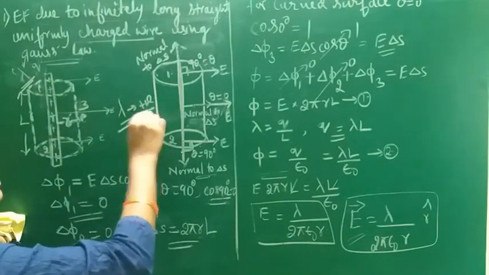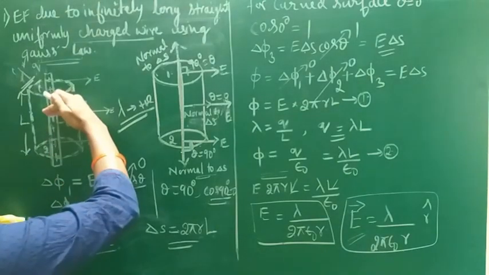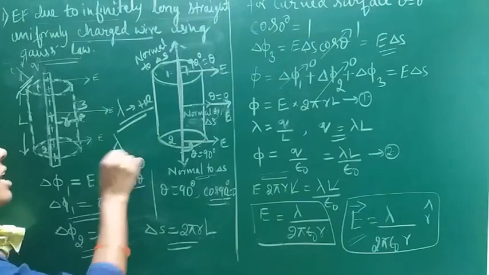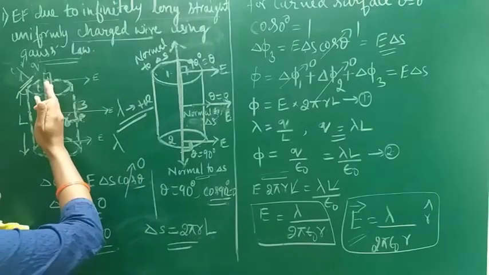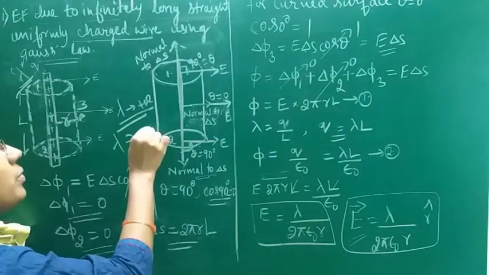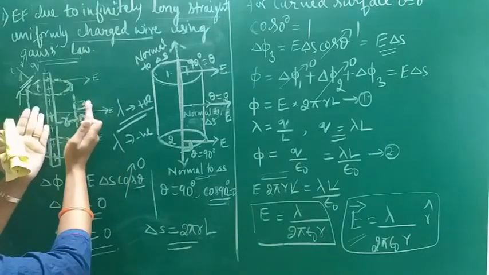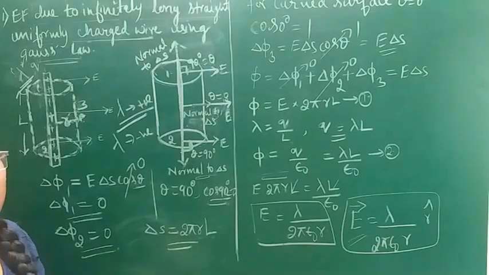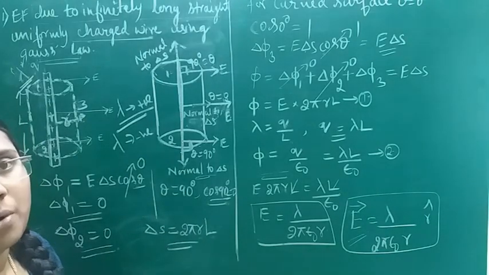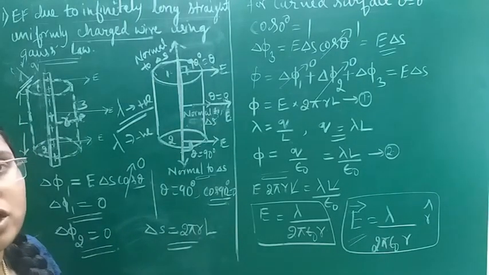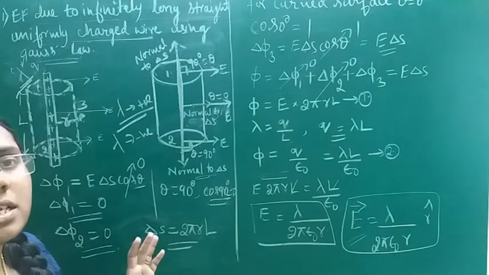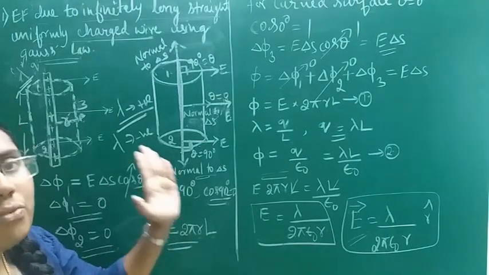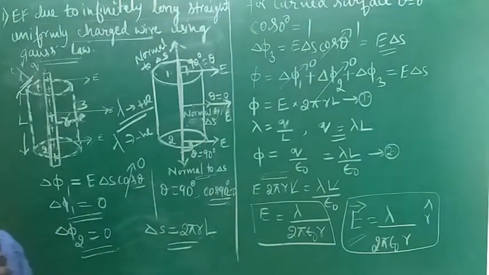And if the linear charge density or charge present in the wire is negative, then the electric field is acting radially inward. Okay. Now let me move on to discuss the second application, that is how we can find the electric field due to an infinite thin sheet.